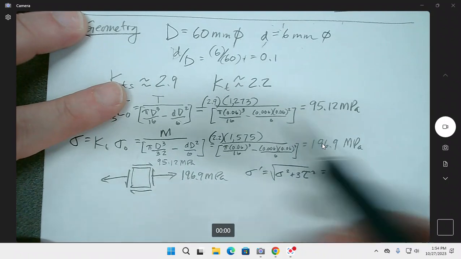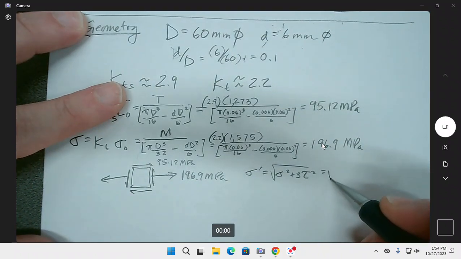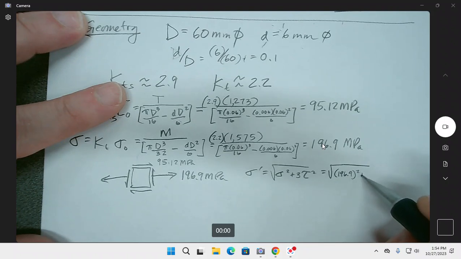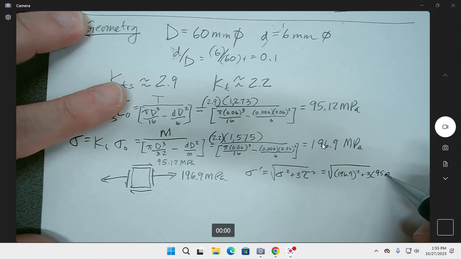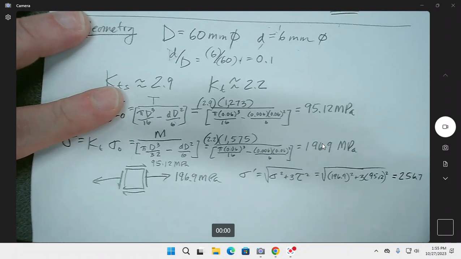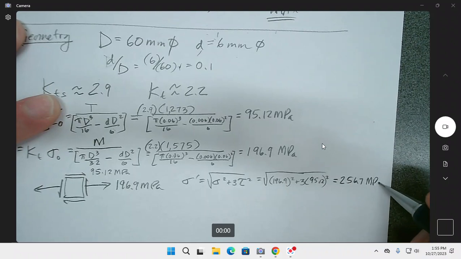But that's the only situation where that happens. So we get the 196.9 squared plus 3 times the 95.12 squared, and we get a 256.7 megapascal von Mises stress.